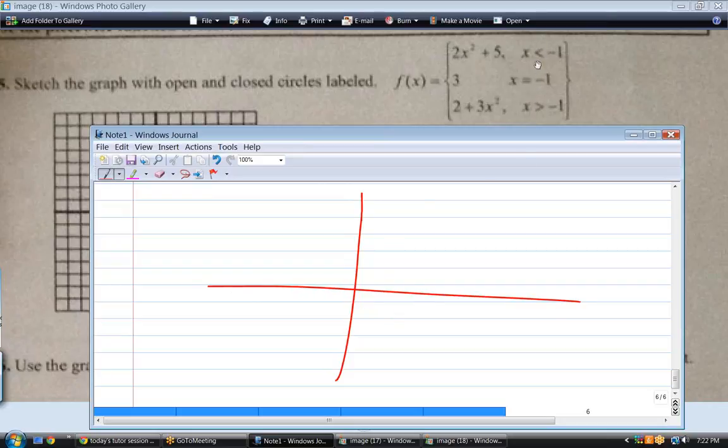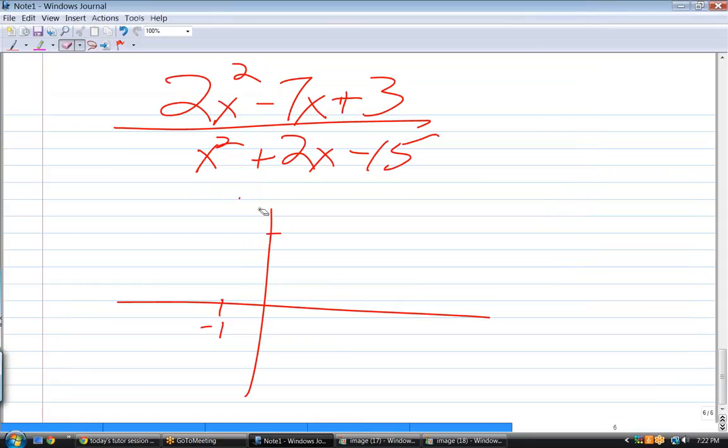Whenever you're graphing a piecewise function, start from the right side and the top. In other words, what happens to the left of minus 1? Well, I have a parabolic function that opens up and would normally look something like this, but I only have the left part of it.